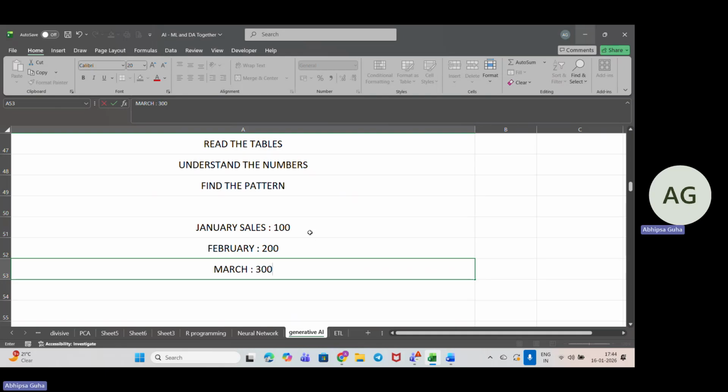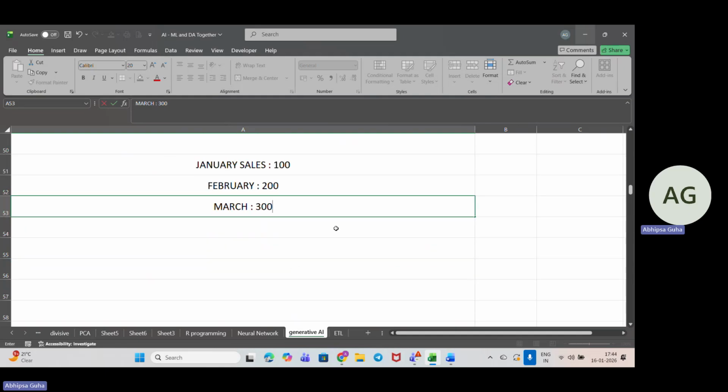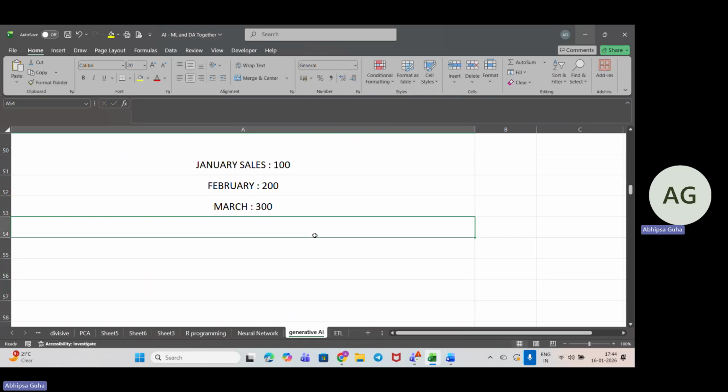So for each month, the sales increase by 100. AI understands it. If I give this and ask what you understood from the data, it will tell me that the sales is increasing over the months.